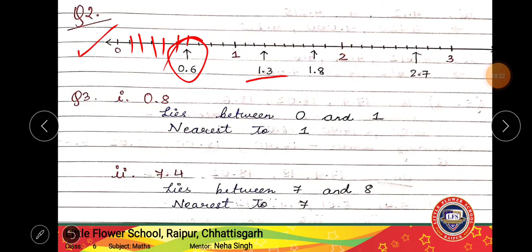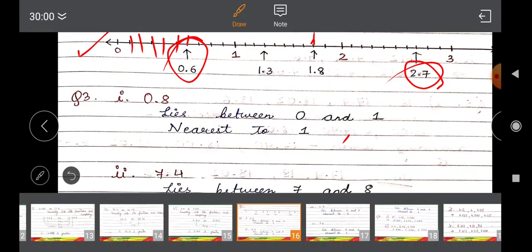Now 3 is telling that it will be the third part after 1. 1, 2 and 3. 1.3, right? Similarly 1.8, it will also lie between 1 and 2. It will be the 8th part, right? Similarly for 2.7.